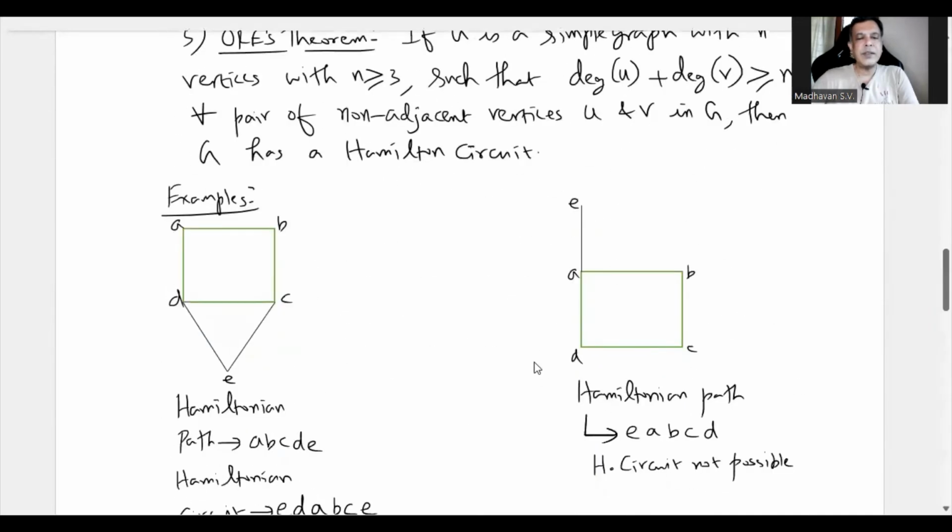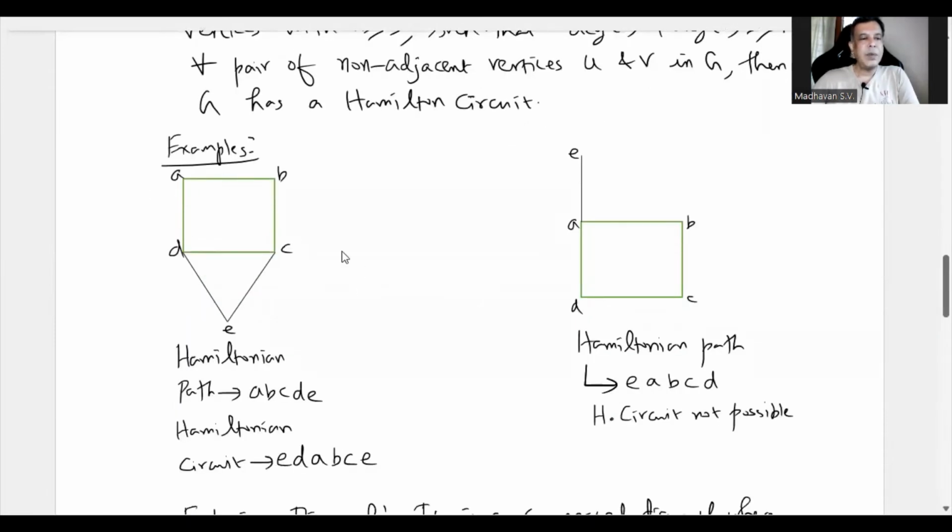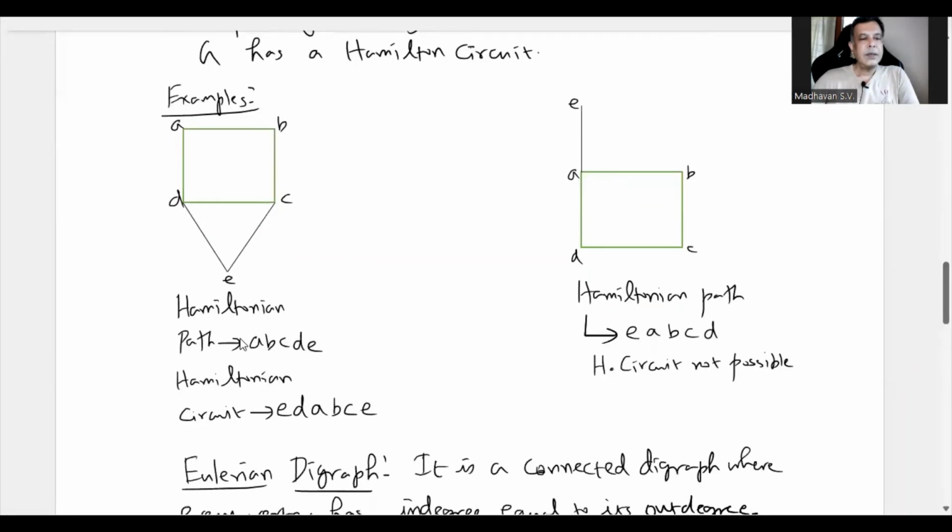Let us understand some examples of the Hamiltonian path. Here in this graph A, B, C, D and E, there are 5 vertices. For the Hamiltonian path, we start from A to B, B to C, C to D, and then D to E. For the Hamiltonian circuit, here it is E to D, D to A, then A to B, B to C, and then ending with E. That is a Hamiltonian circuit and also a Hamiltonian path.